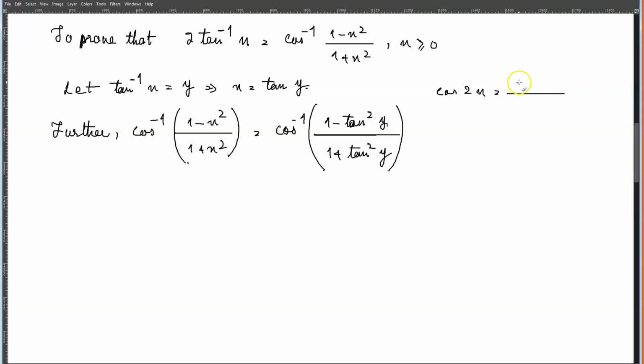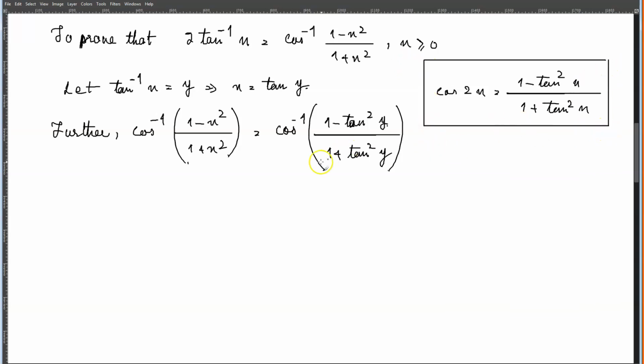We said that it's equal to 1 minus tan squared of x over 1 plus tan squared of x. And if I take this into consideration in the context of this problem, that is going to be equal to the cos inverse of cos of 2y, which is going to give me 2y. And 2y is equal to 2 times tan inverse of x, right?